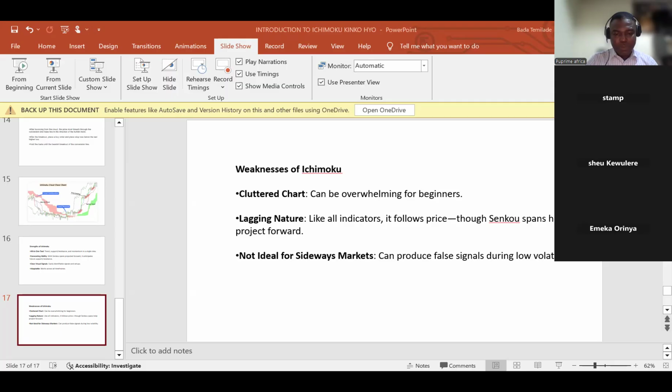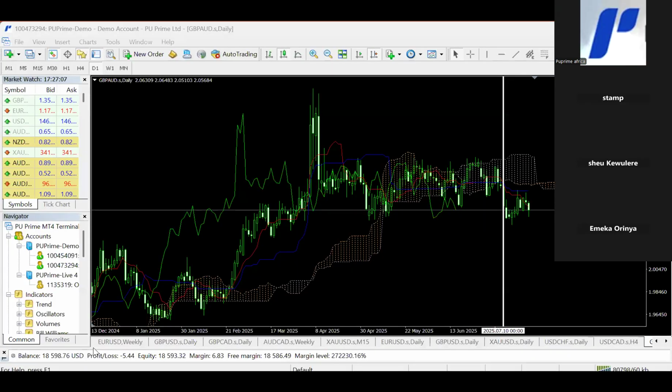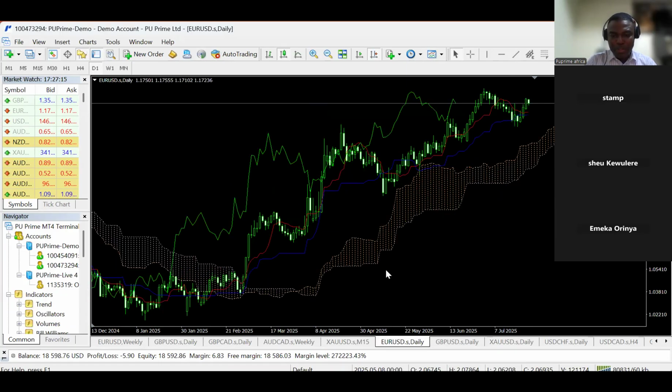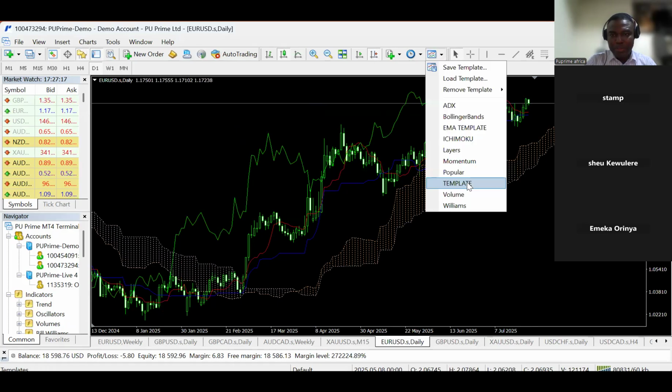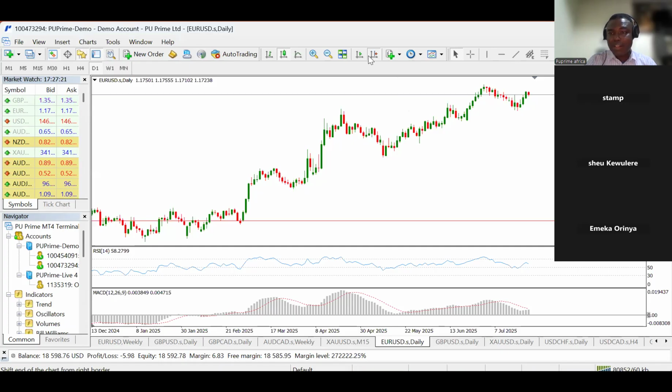All right, so I'm flipping over to MetaTrader 4. All right, so this is what Ichimoku looks like on the screen. Now, I will install a fresh one so that you'll see how I do it. Now, if you have any background before, then you want to install Ichimoku.